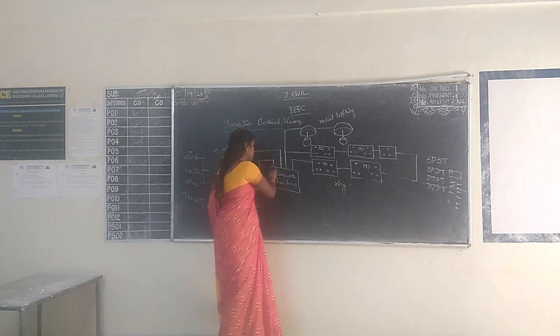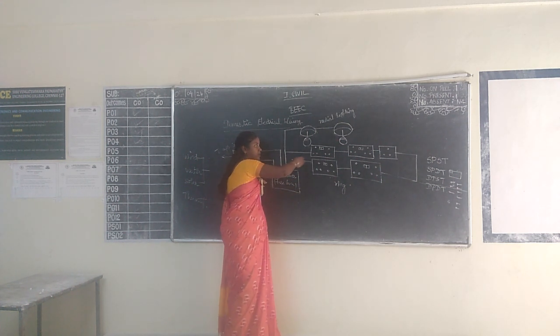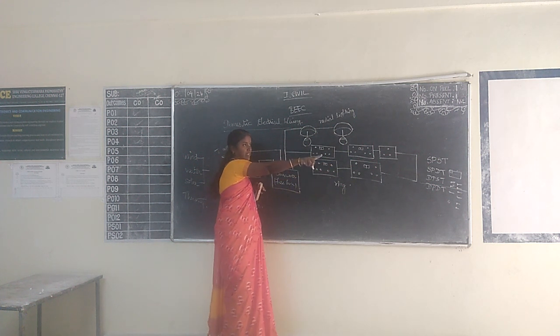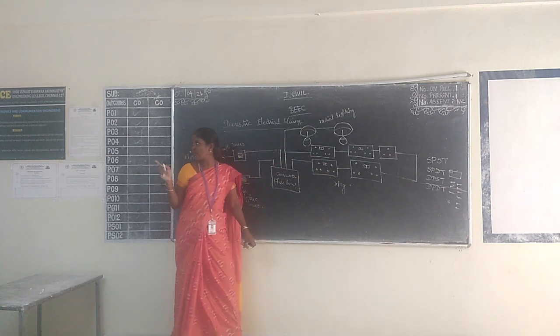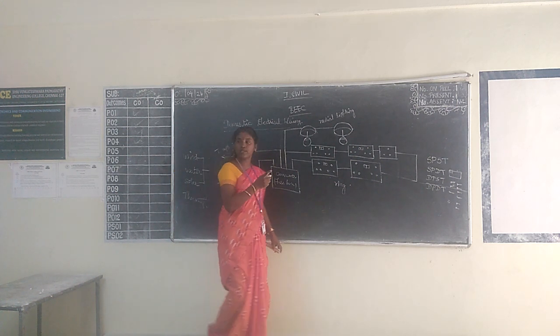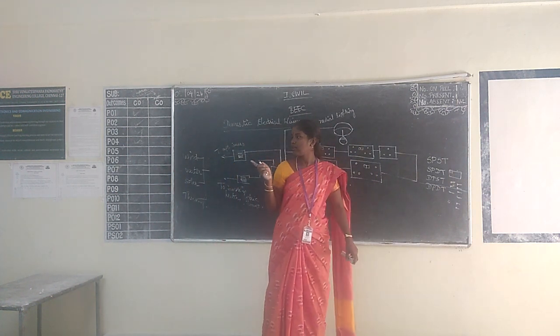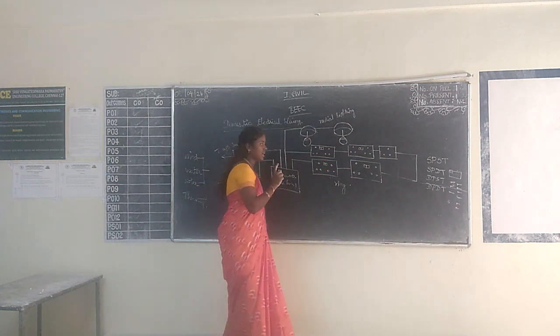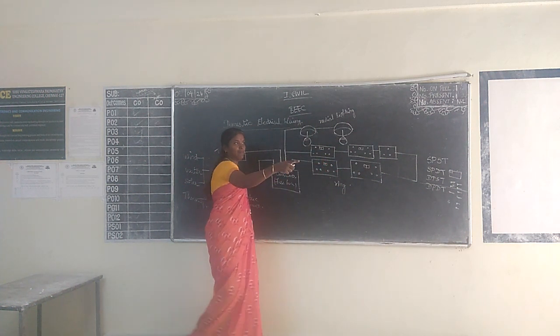Then from the energy meter, we will be connecting the various sets of networks. In this room we normally have three networks, 1, 2, and 3.